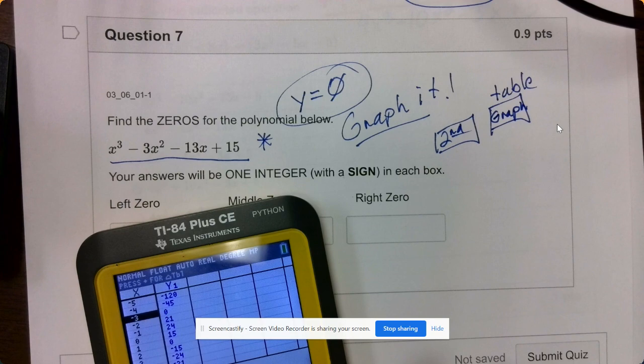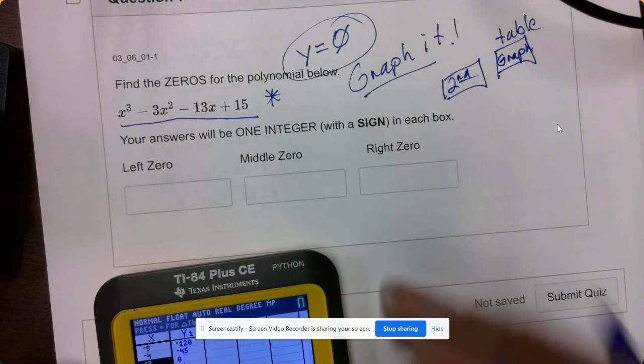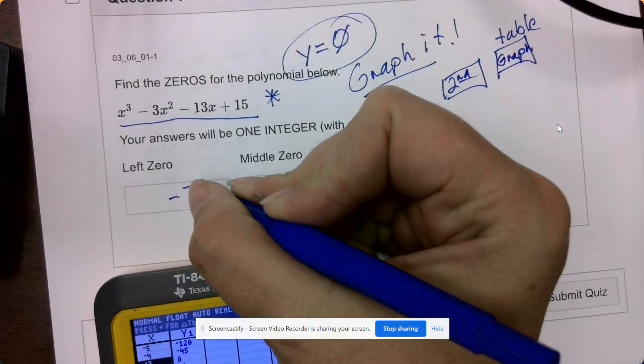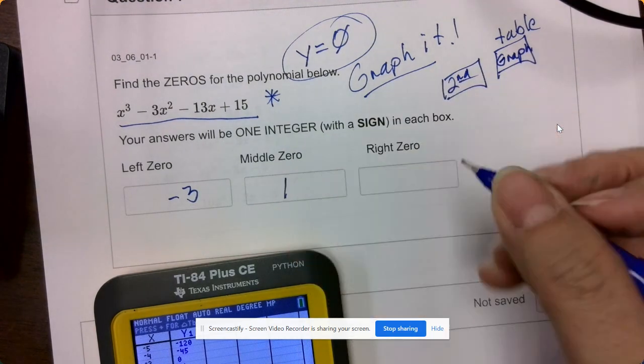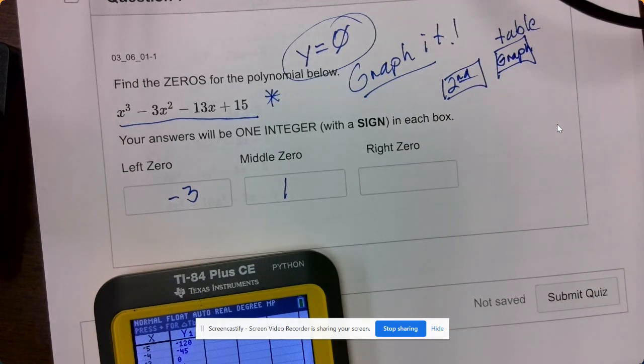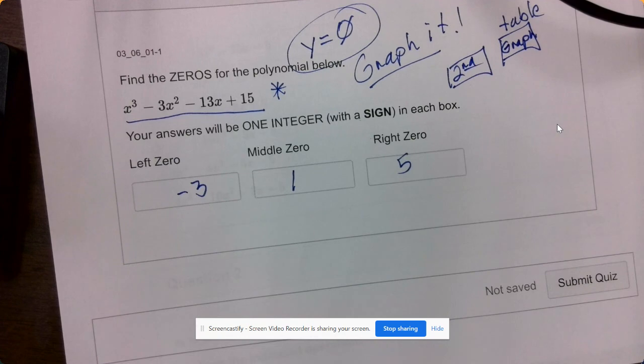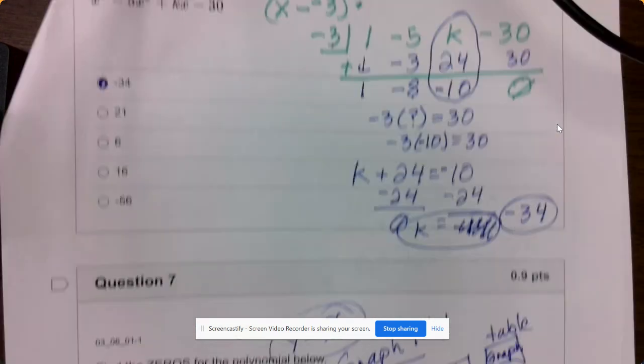Okay, so we have negative 3. So it says left 0. So negative 3. Middle is going to be 1. Right 0 is going to be 5. Okay, and that's it, everybody.